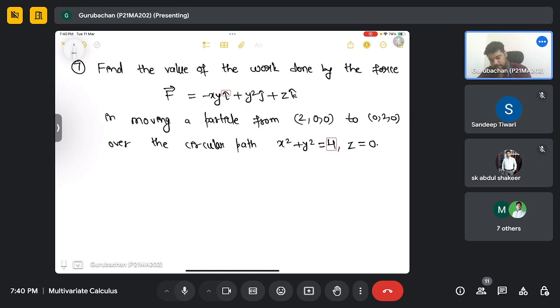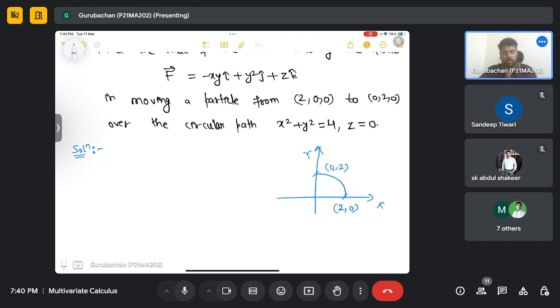So let us start here. In between, you can also let me know what the exact answer will be. Since we have been given this circle in the xy plane, we can draw it. This is 2, 0. I'm just drawing in the xy plane, so I'm writing 2, 0, and z is always 0. From here, x square plus y square is 4.